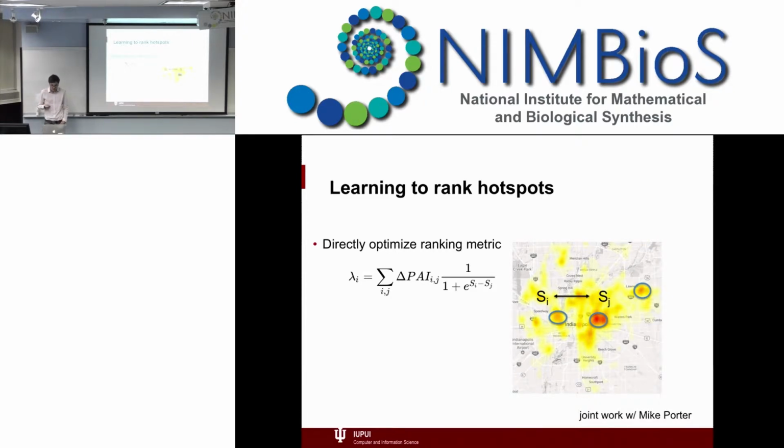The problem, again, because this is a ranking problem, is that this law of crime concentration, or sometimes it's called PAI, which just normalizes by the area you're predicting, is non-differentiable. Because you have to sort these cells, that sort makes this loss function non-differentiable.